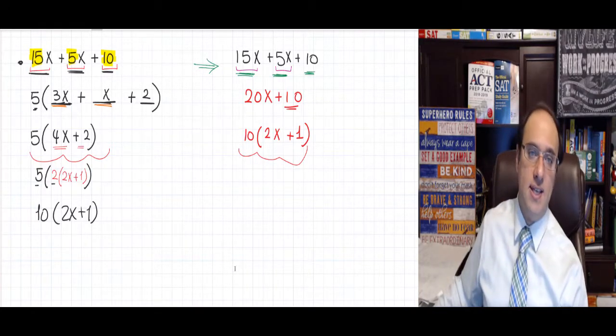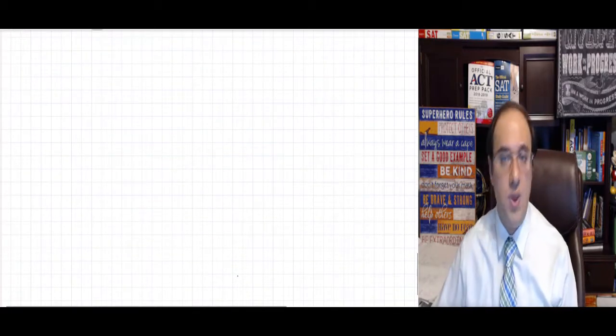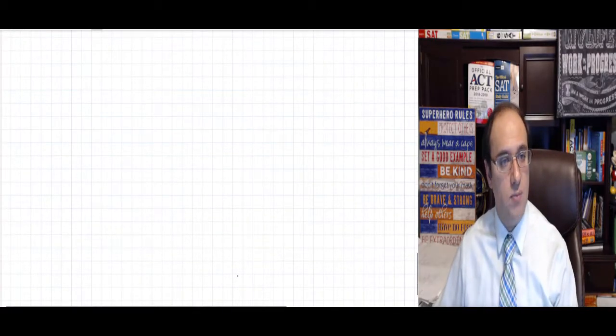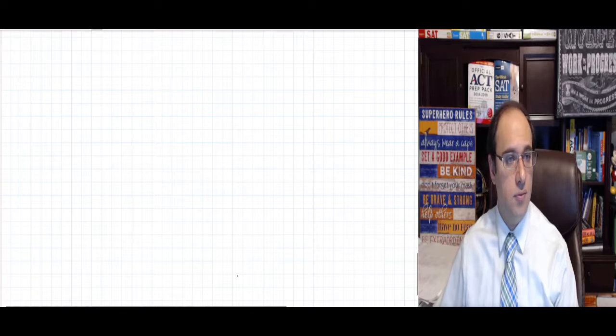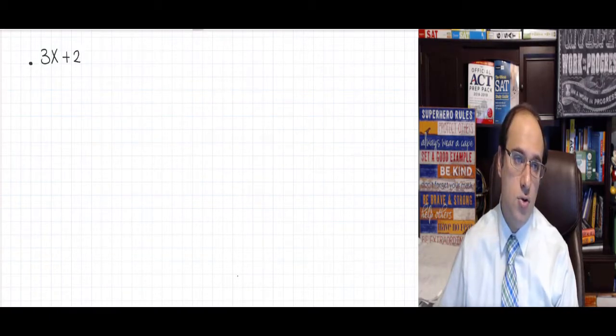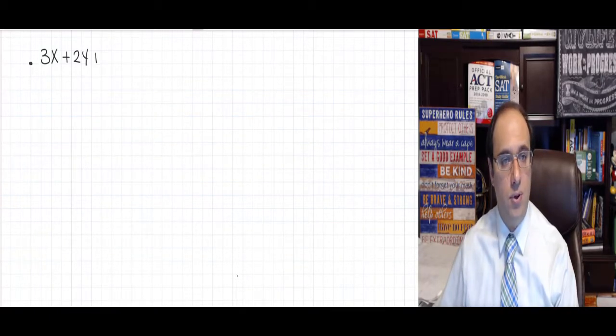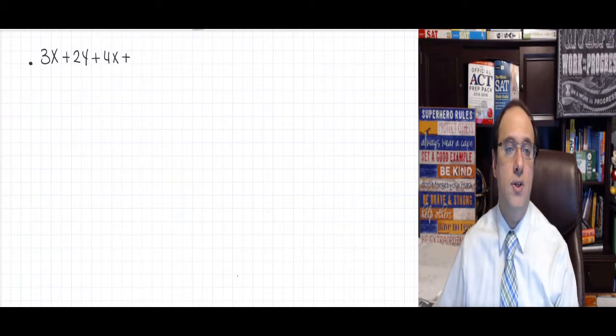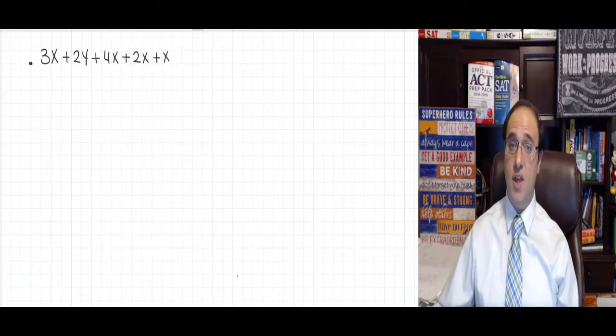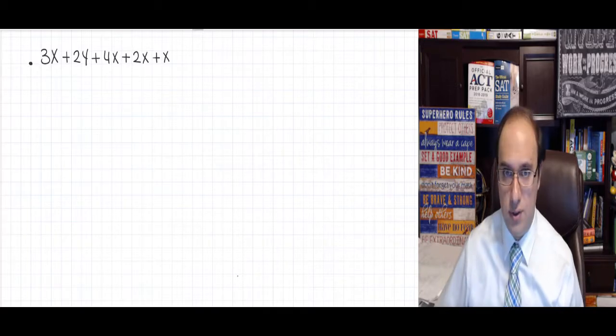Let me give you a last example on this point right here. Let's say you have a question like this. 3x plus 2y plus 4x plus 2x plus x. And I want you to factor this.